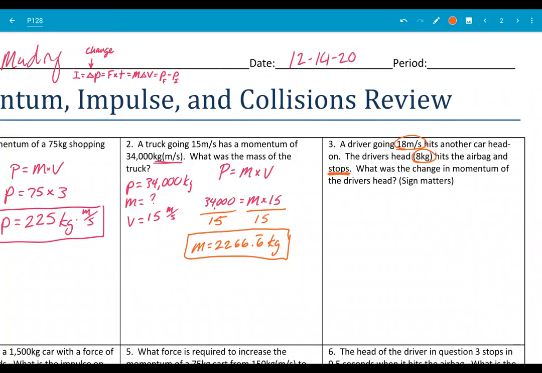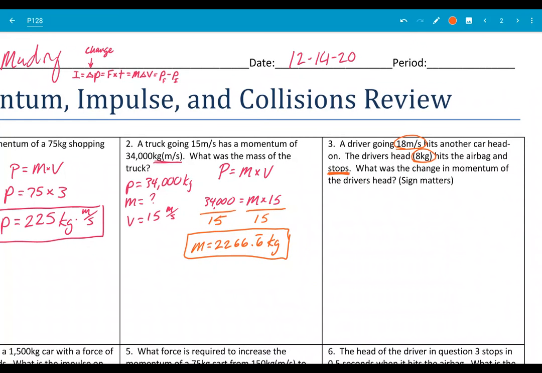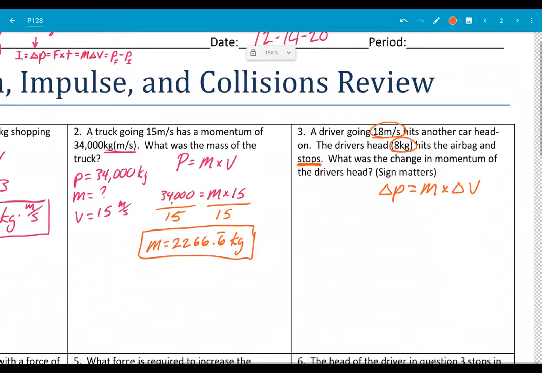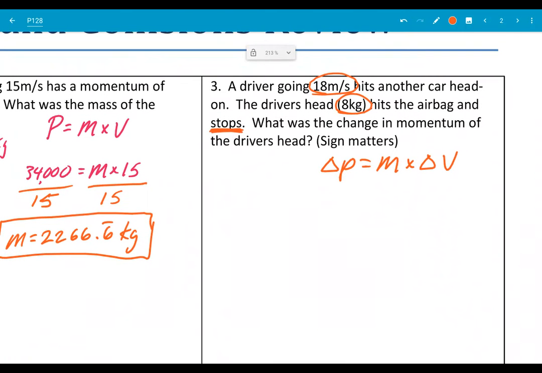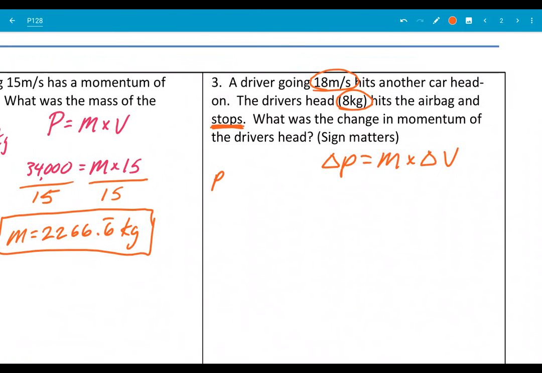What I want to use is I'm going to find our change in momentum is equal to mass times the change in velocity, because we can very easily figure out what that change in velocity is right here. I'll show you how. So our change in momentum is unknown. The mass is 8. The change in velocity is the final velocity minus the initial velocity. Okay, we always do final minus initial.